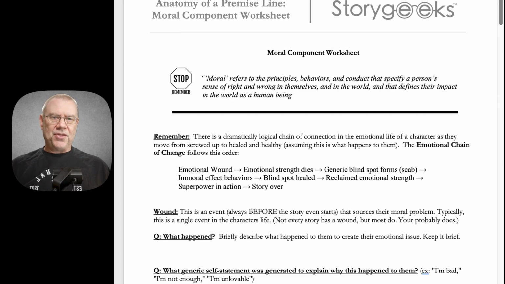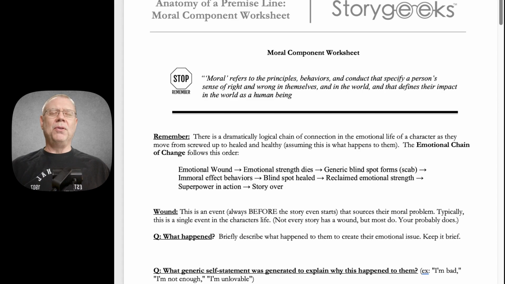But it's the thing that wounds them, not physically. They may lose an arm and a leg, who knows? But more importantly, they're wounded emotionally. The emotional wound, as a result of the event, is an emotion in them they thought was a strength. They relied on it in a situation.